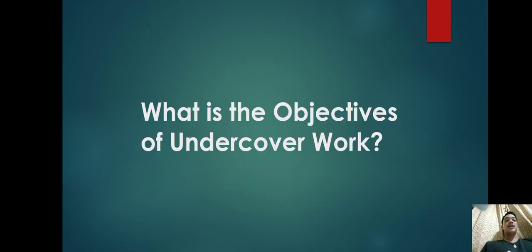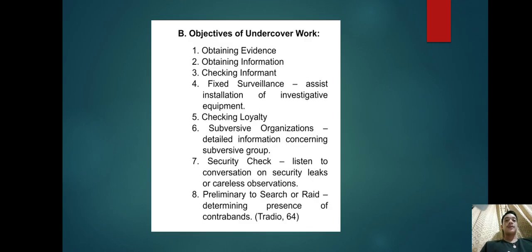What are the objectives of undercover work? Number 1, obtaining evidence. Number 2, obtaining information. Number 3, checking informants. Number 4, fixed surveillance, assisting installation of investigative equipment. Number 5, checking loyalty.